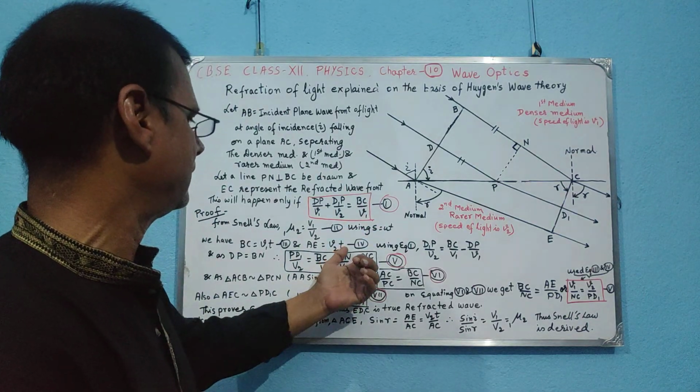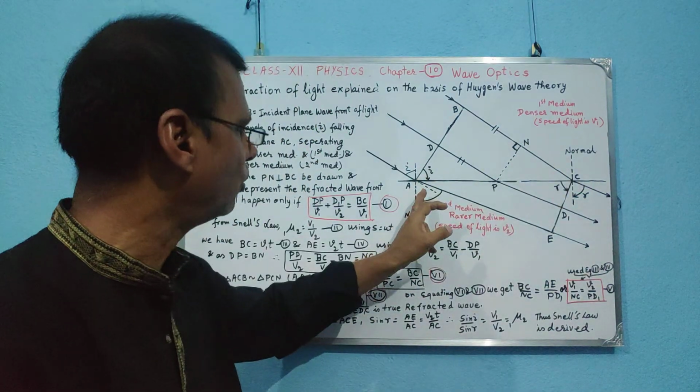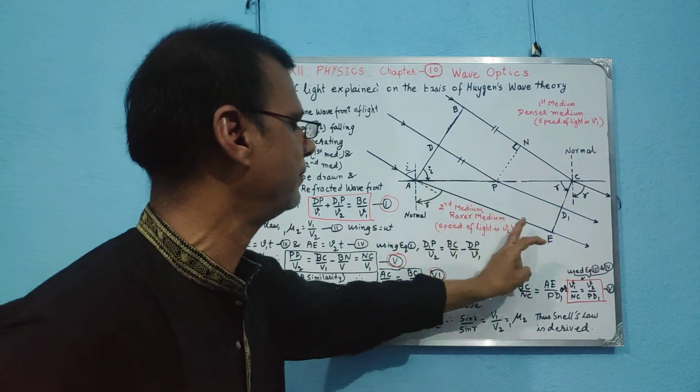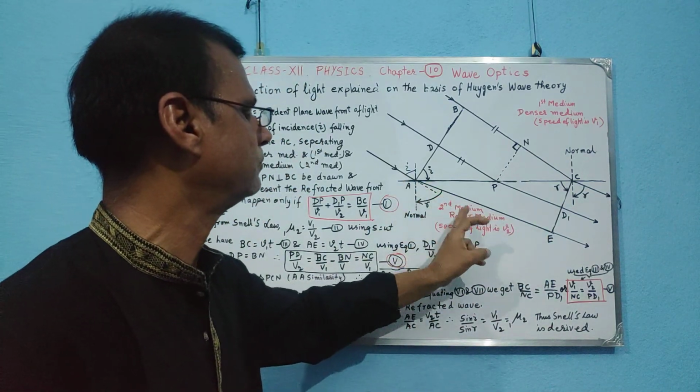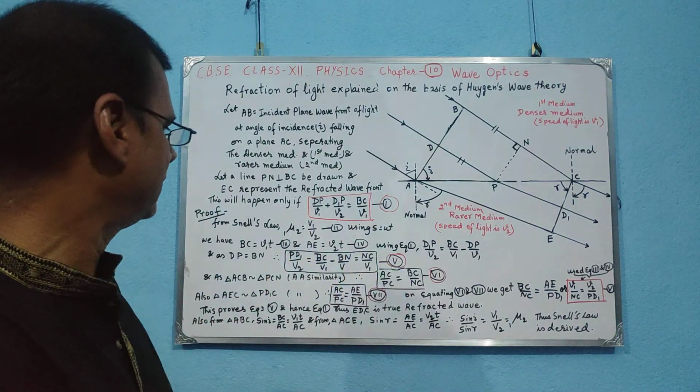And what is t? t is the time taken by light to travel from B to C in the first medium, or the time taken by light to travel from A to E while moving in the second medium. We name these equation 3 and equation 4.